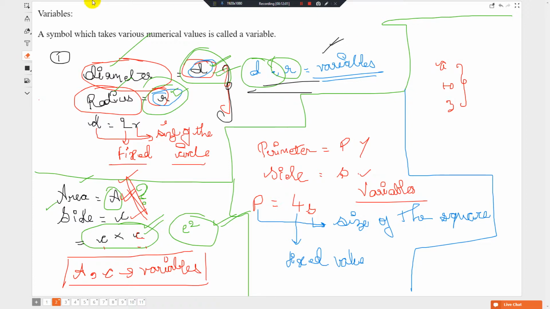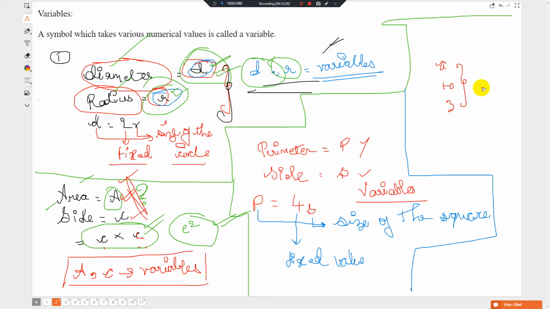In A to Z, what do we have? Letters we have. So these symbols have so many values, like A can be 1, B can be 100, like that they have so many values.